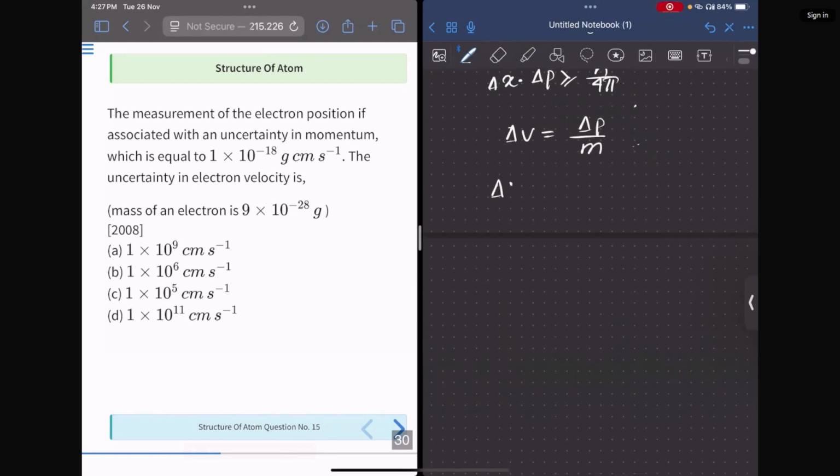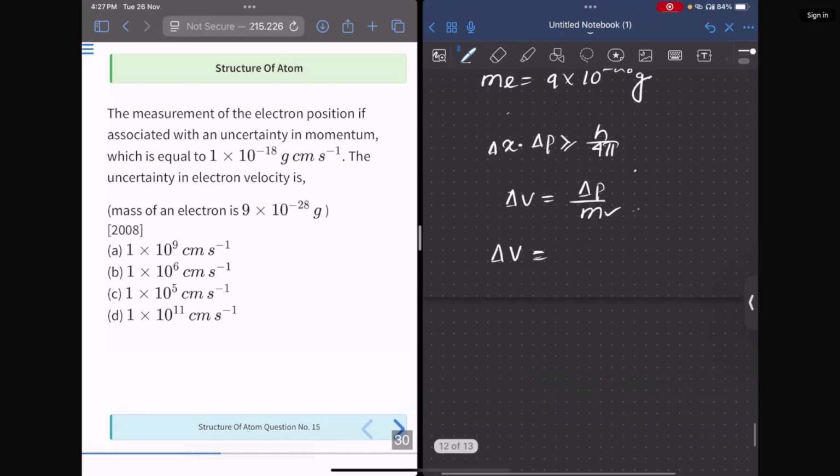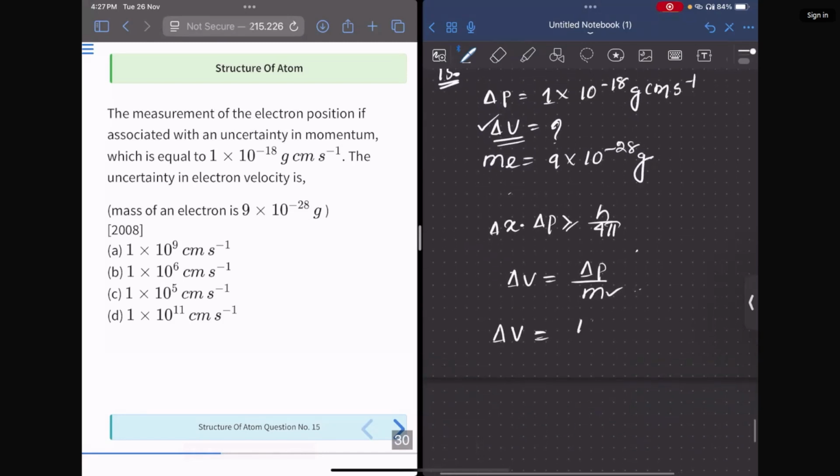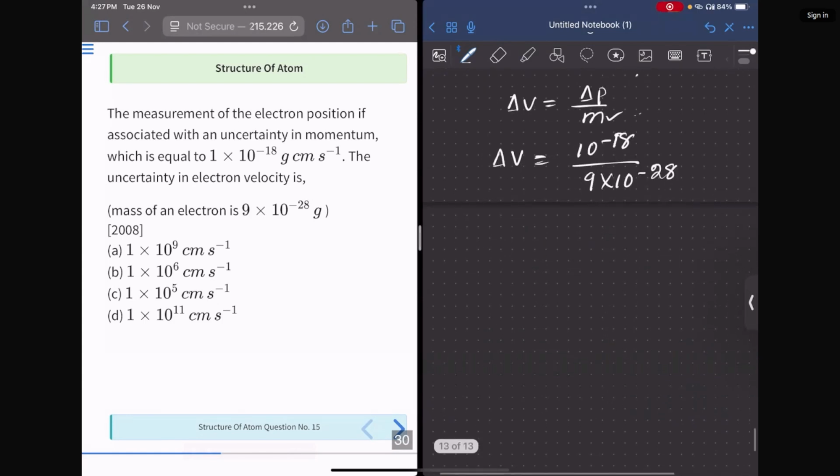Del p is given and m is given. What is the del p? 10 to the power minus 18. What is the mass? 9 into 10 to the minus 28. If we calculate this, we get nearly 1.1 into 10 to the plus 9 centimeter per second.